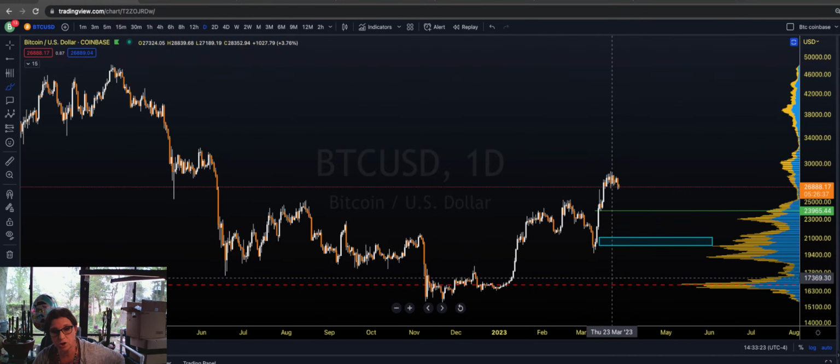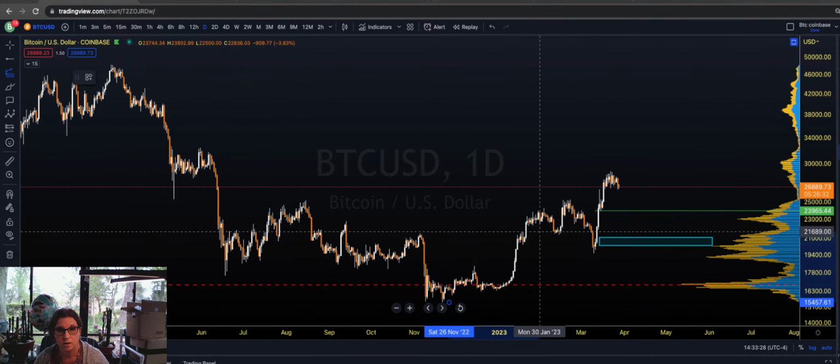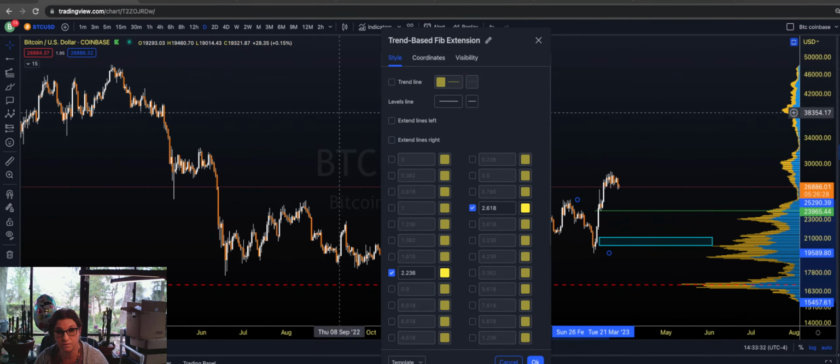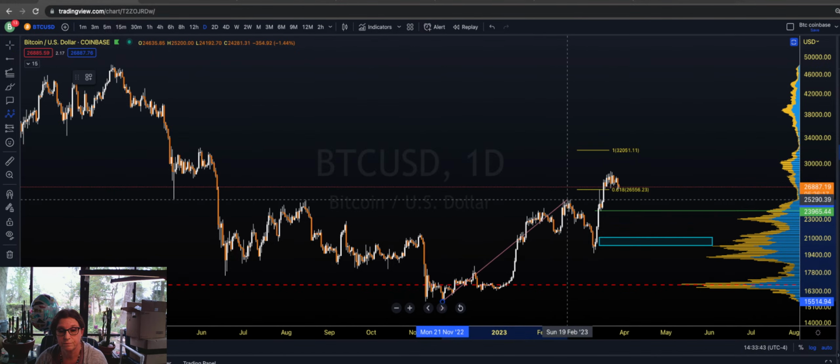Now, there's one more option, and that is that it has put in a C wave, or it's almost done putting in a C wave. Okay. And it is ABC like this.